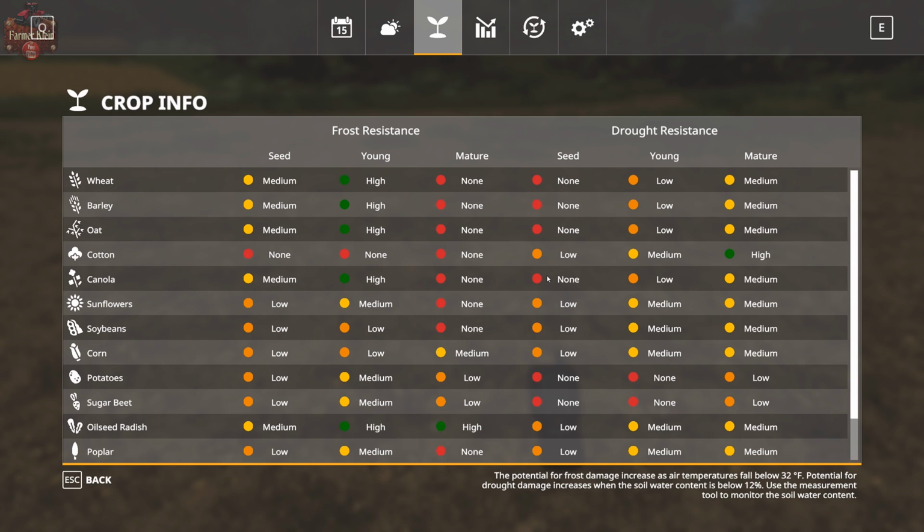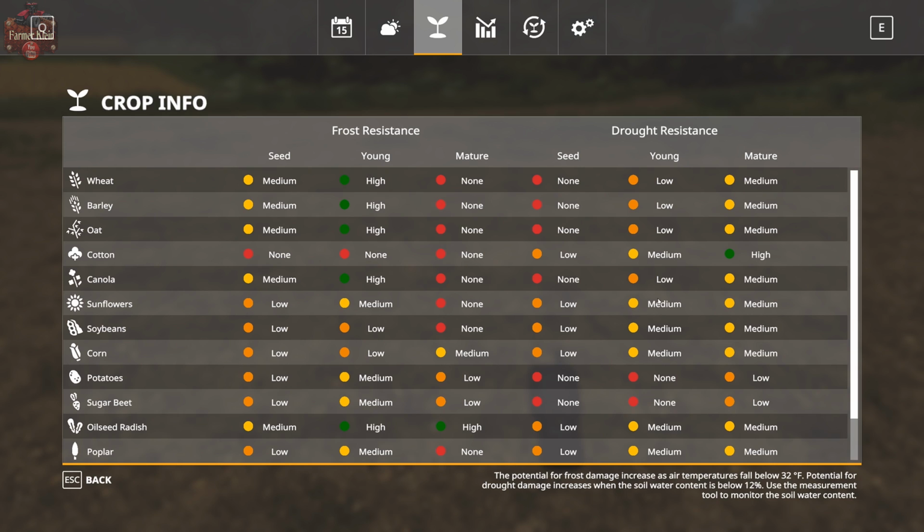So we could expect an increased chance of failed germination if we plant those crops right now with that low ground moisture. See the other things like soybeans, sunflowers, and corn, they have a low drought resistance, but they do have somewhat of a drought resistance.